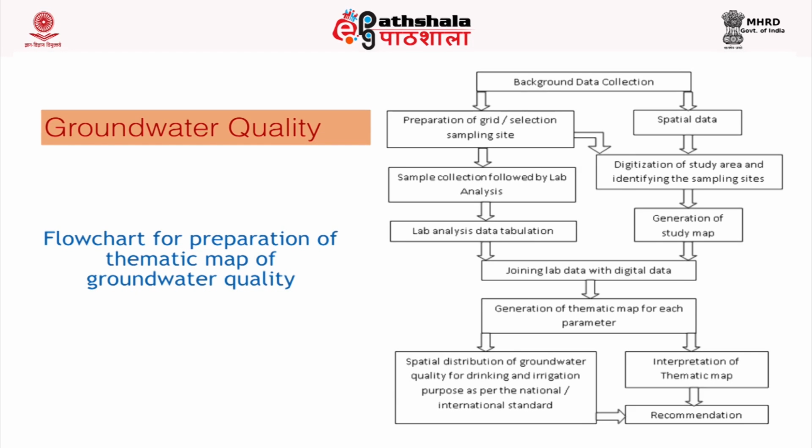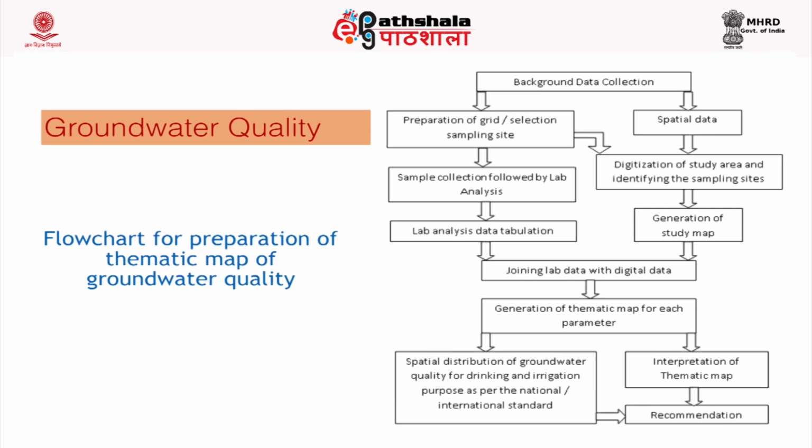And at the same time, from the background data, spatial data will be digitized for the study area, and the sample sites will be identified and digitized in that map, and from that the study map will be generated.